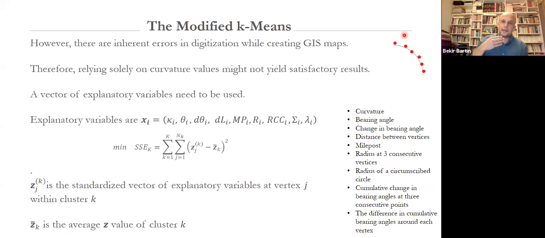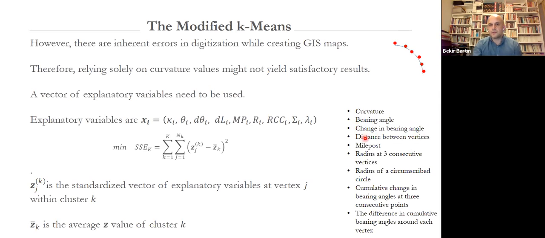So in order to remedy that, I can use other explanatory variables which can help me find distinct roadway sections. I compiled all the variables that I saw in the literature that can give me an idea about whether a roadway is part of a tangent section or a curved section. For instance, first we have the curvature. The second one is the bearing angle.